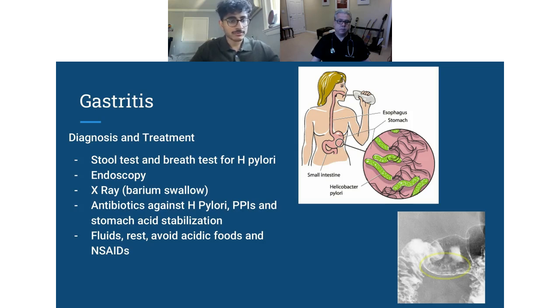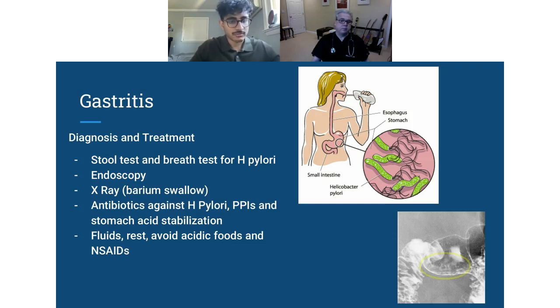And if we do suspect bacterial infection like H. pylori, then we'll give antibiotics. And we also may treat the stomach acid to stabilize it. And that can be done with stuff like proton pump inhibitors, which are essentially an anti-acidic medication. And otherwise, generally treat with fluids, rest.